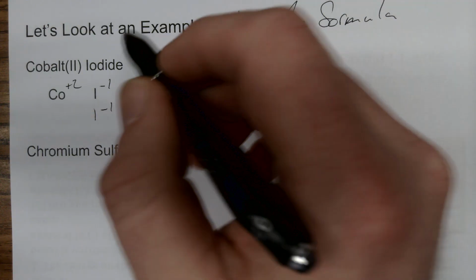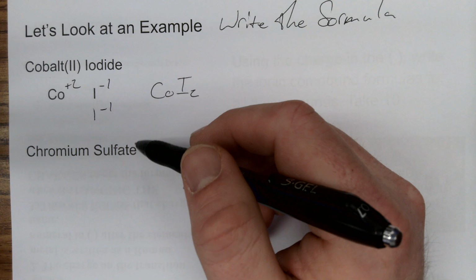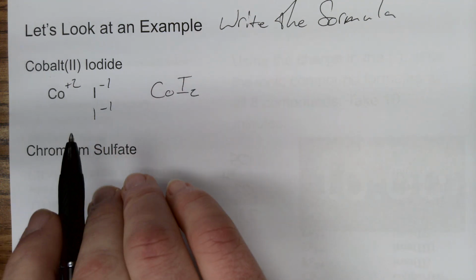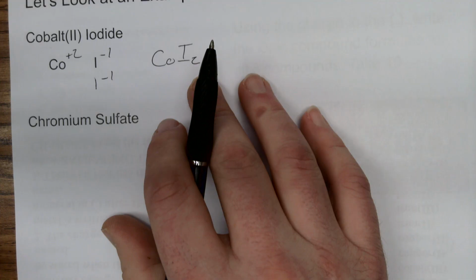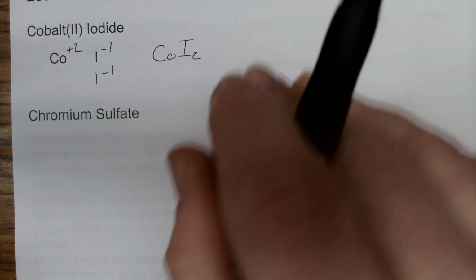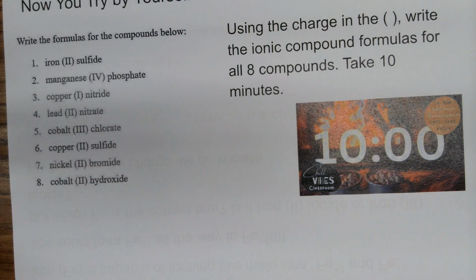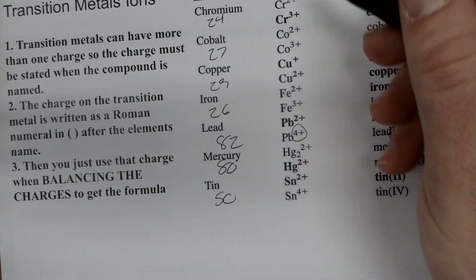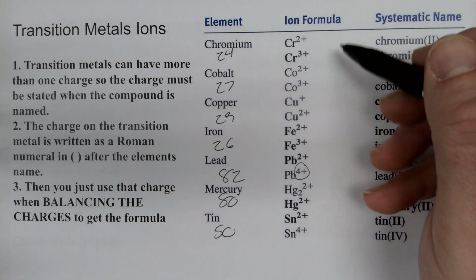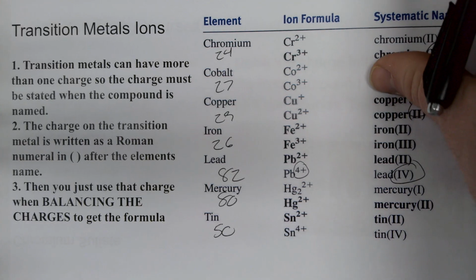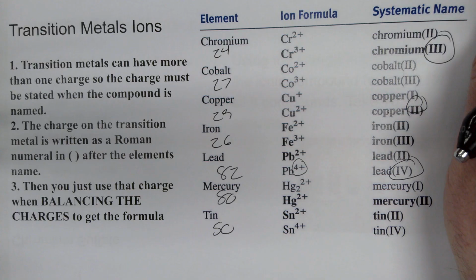Now, we're going to start off here, and chromium sulfate is where things are going to get a little tricky, because now I have to work a bit backwards. Chromium comes in two main flavors, a +2 or a +3. These are the main two types of cations chromium will form. It can form a +1, a +4.